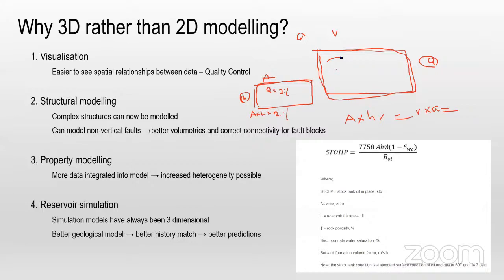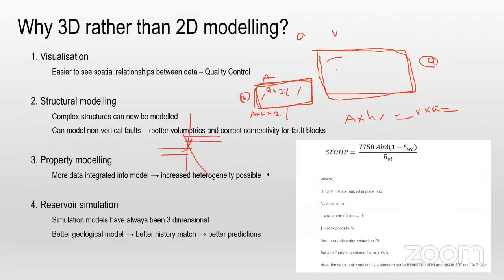Yes, that's one part. Another part is the faults. In the 2D, you can't actually import the faults and calculate the exact volume of the reservoir. But in the 3D, you can do the structural modeling. For example, you have a thrust fault in this area, so you have a well here, right? And this is sandstone, this is sandstone. You hit the sandstone 2 times, so the volume of the reservoir increases.